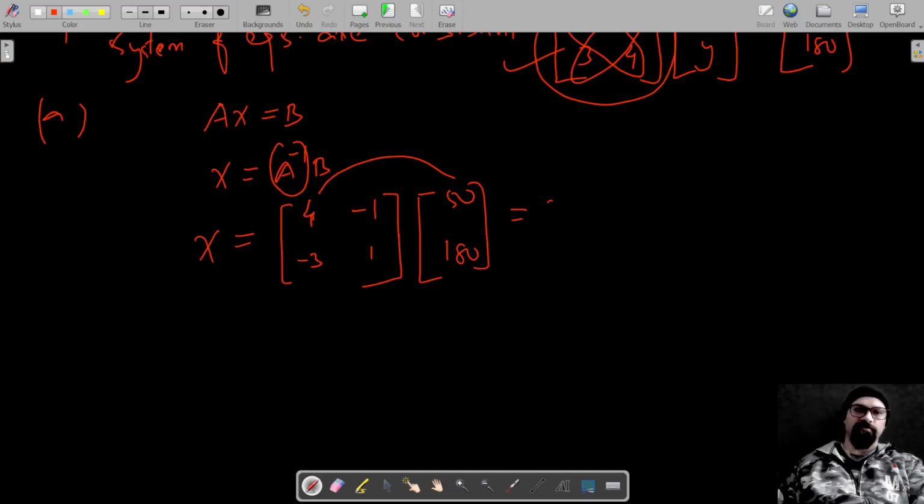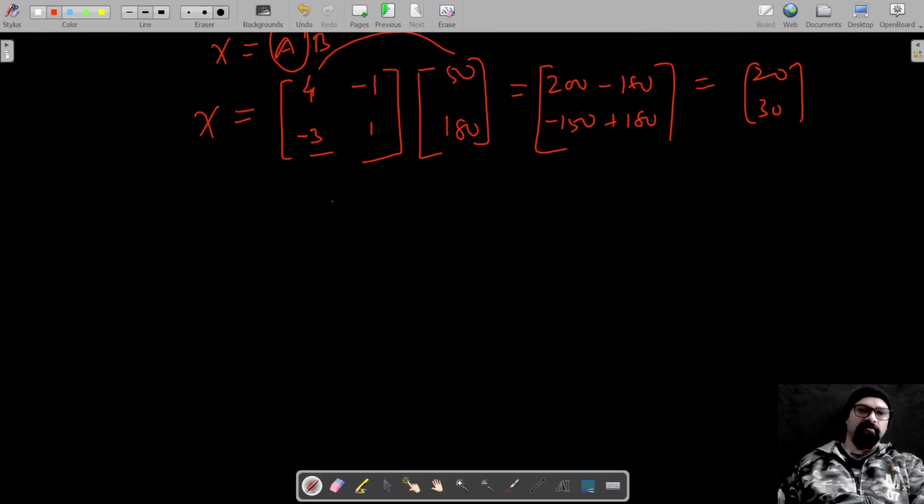So 4 into 50 is 200, and -1 into 180 is -180. This is the first element. Then -3 into 50 is -150 plus 180. So 200 minus 180 is 20, and -150 plus 180 is 30. And X, Y is equal to 20, 30.